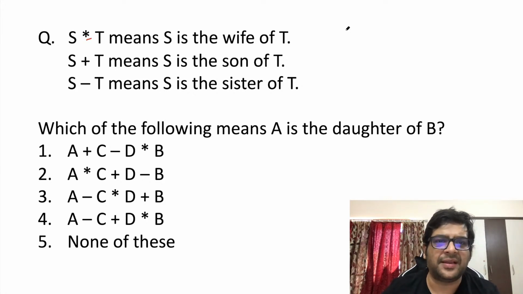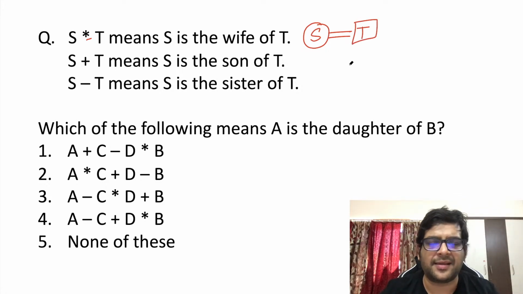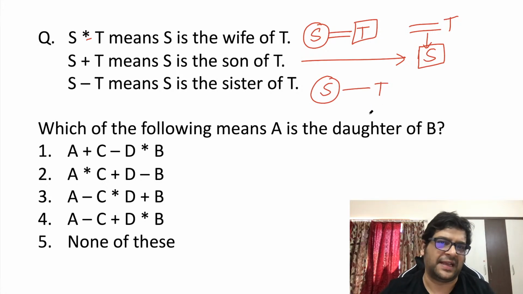So, star means S is the wife of T. So, S is the female married to a male T. S plus T means S is the son of T. So, this means S is a male and is the son of T. We don't know whether T is a male or a female, but they are in different generations. Minus means S minus T means S is the sister of T. So S is the female and she is the sister of T.